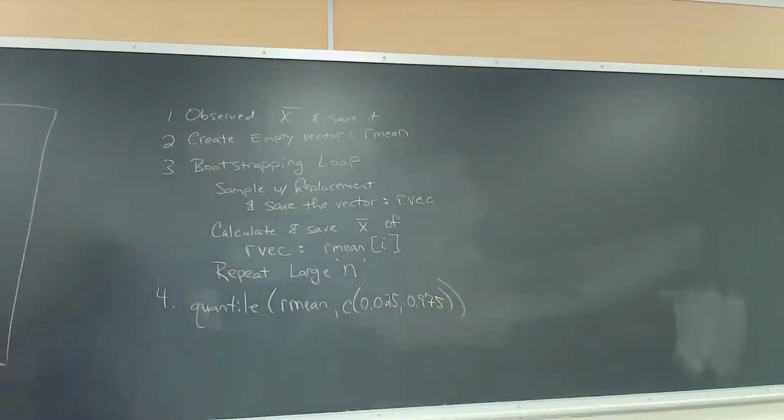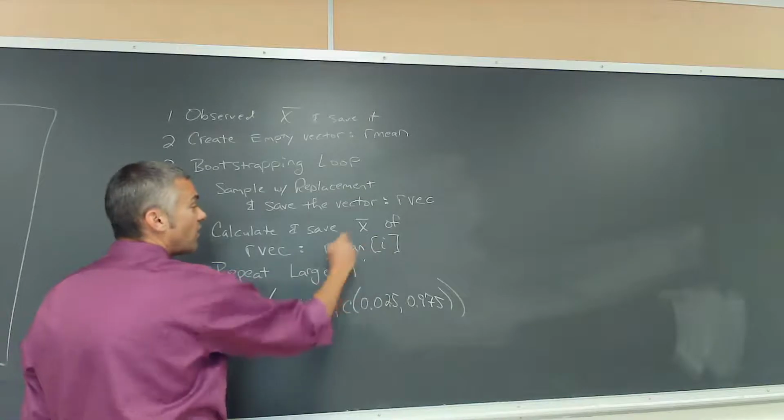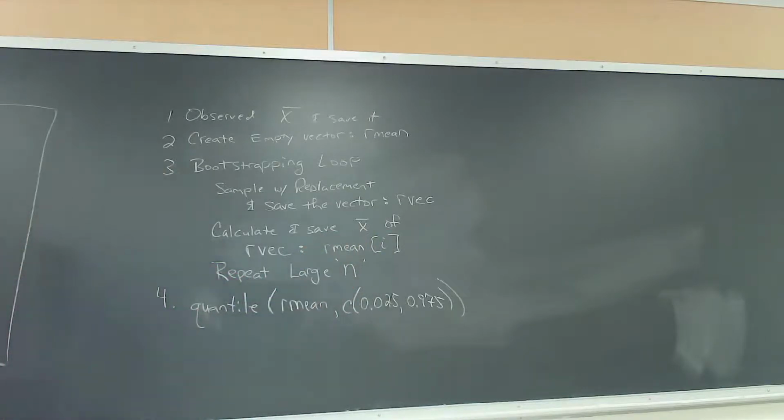And that'll give us the upper and lower cutoff that'll capture 95% of all of our values in that r mean vector. All right. This is the basis of our bootstrap. All right. Questions?